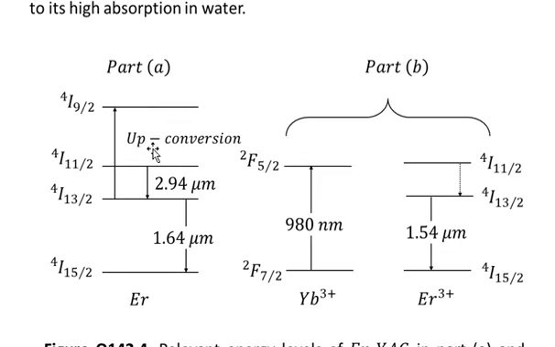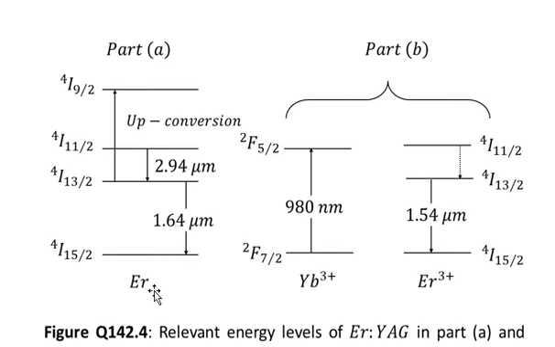So if we want to use less concentration of the erbium ion, then of course this up conversion will not be possible, because we want to avoid this up conversion. The ultimate solution of avoiding this is that we add some ytterbium concentration. So let's read about this.